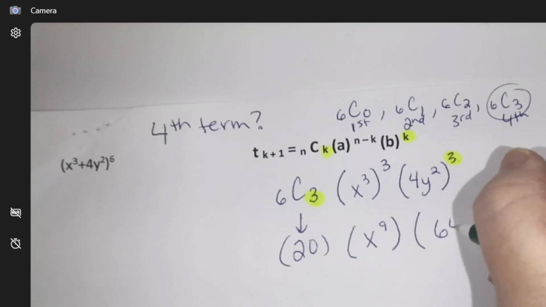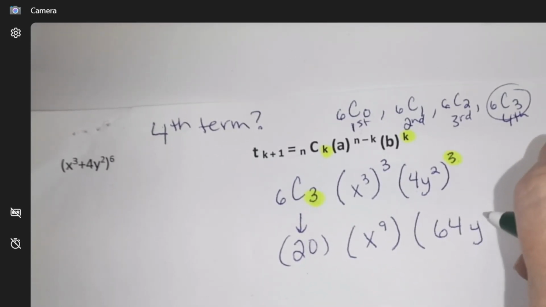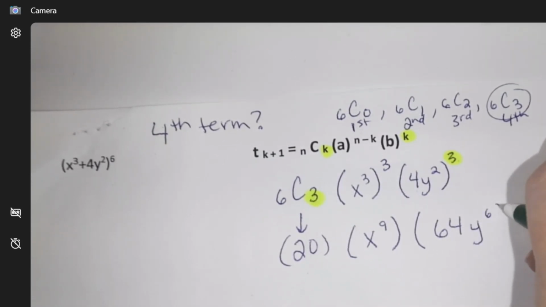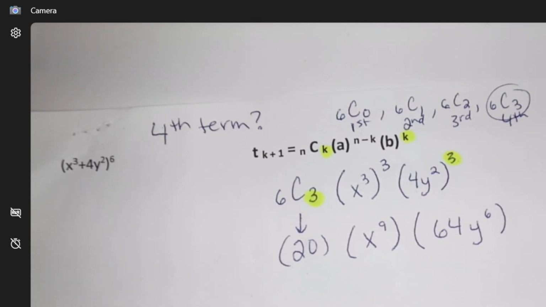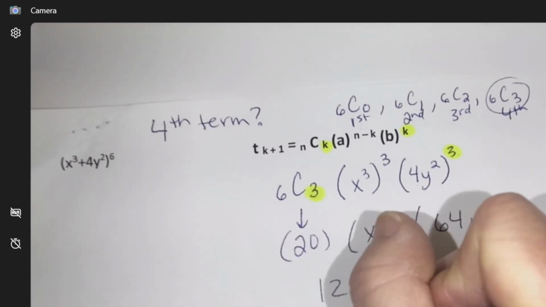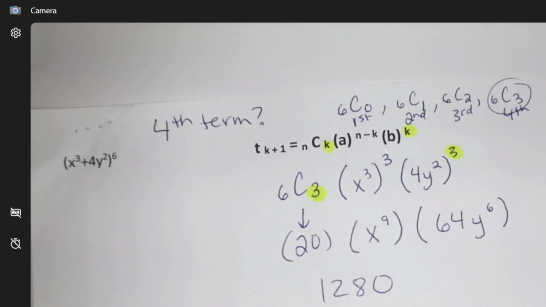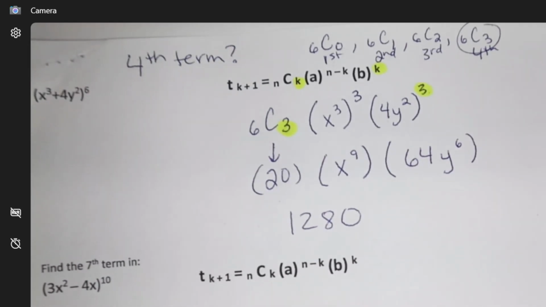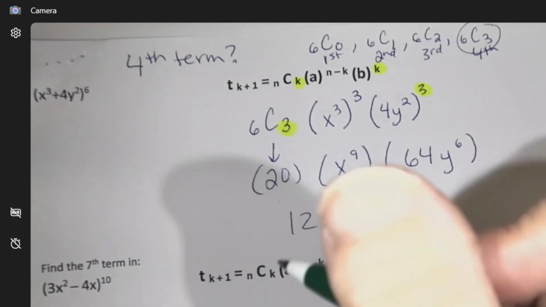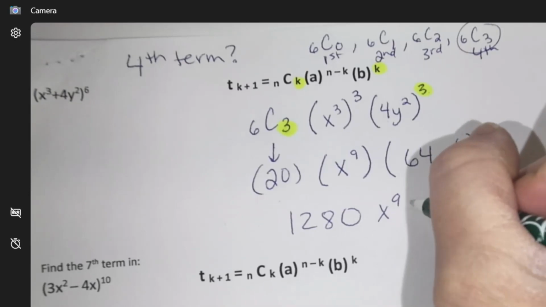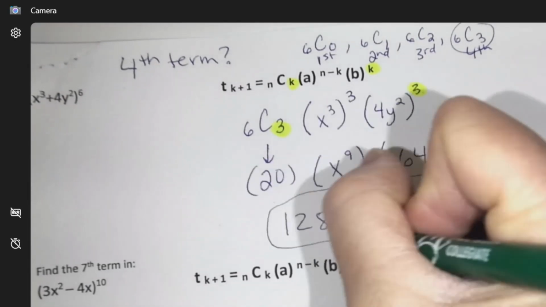So I should get 64y to the 6th. Okay, so now simplifying the 20 times 64, and then that's it. I can't do much else.